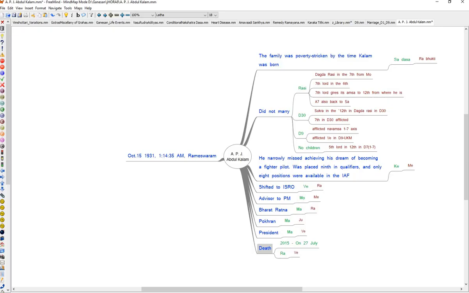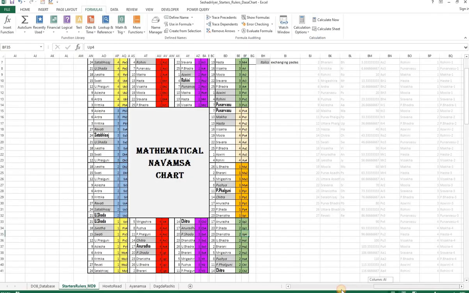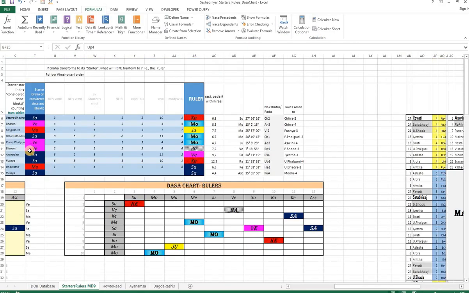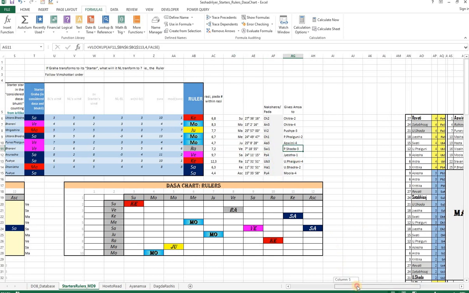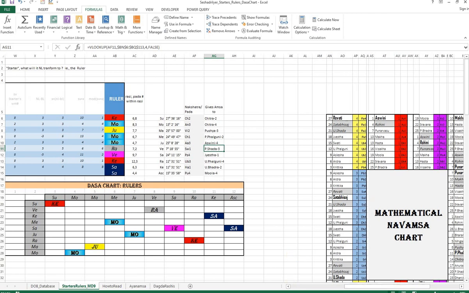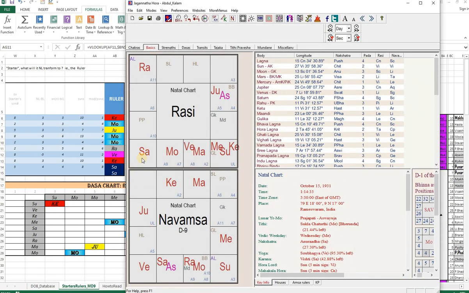And let us check Venus also. Venus is here and is Purvashada third pada. It's handing off from Swati, it is going to Purvashada third pada. So the only thing is it is nearer to Saturn's placement itself.